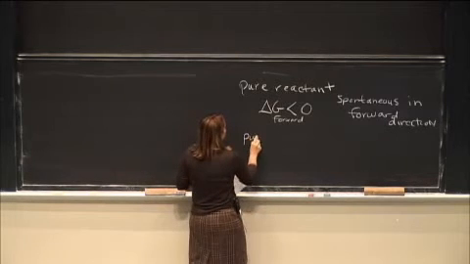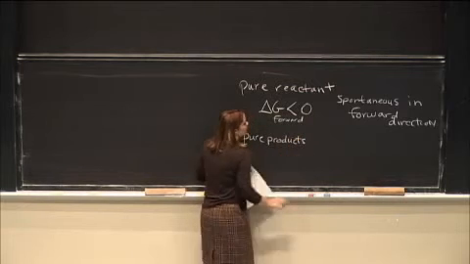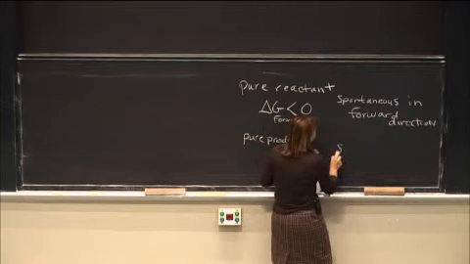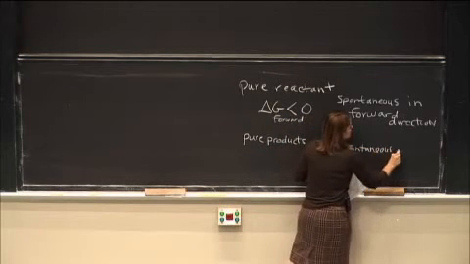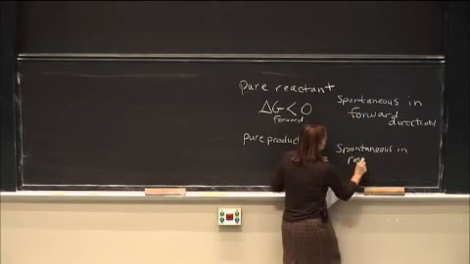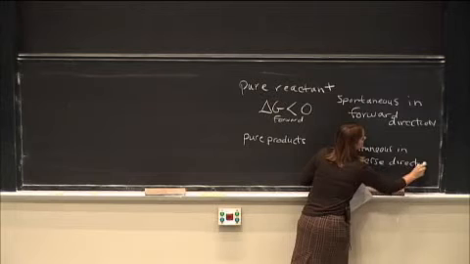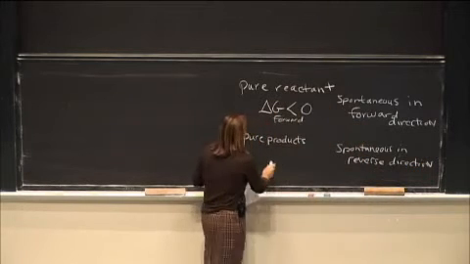So what about when you have pure products? Then the reaction should be spontaneous in the reverse direction. And what does that mean about the sign of delta G?